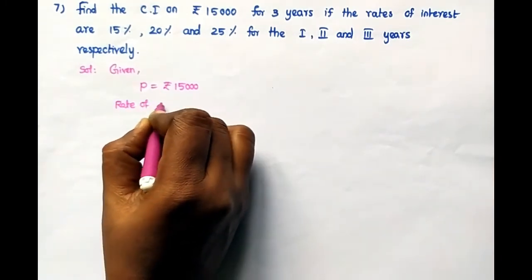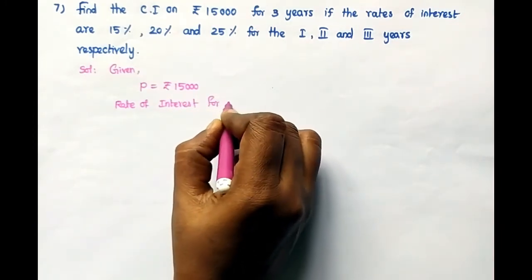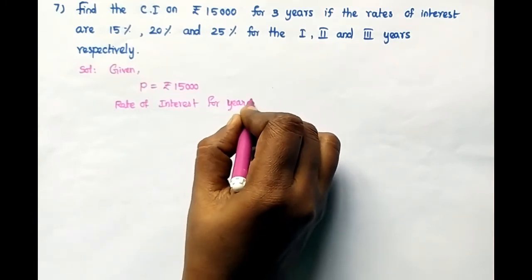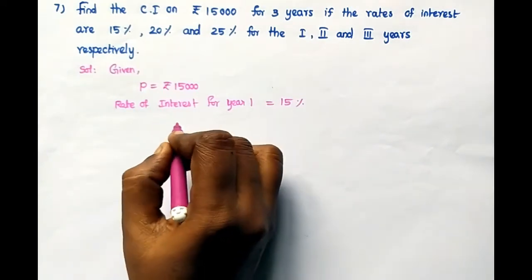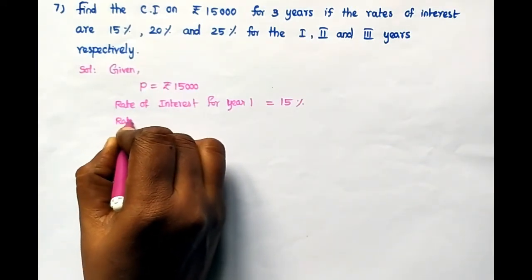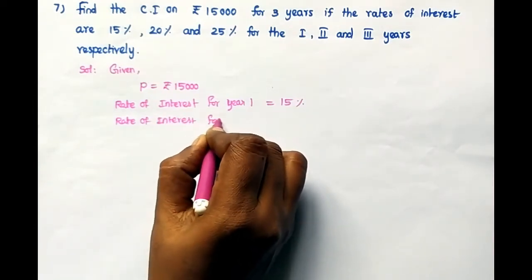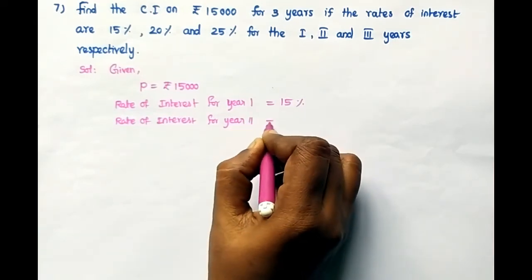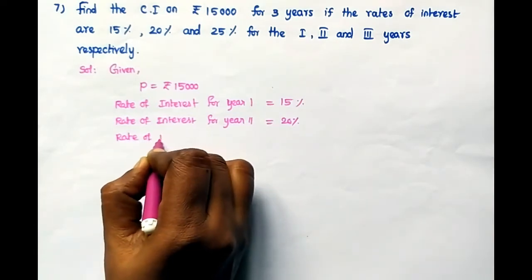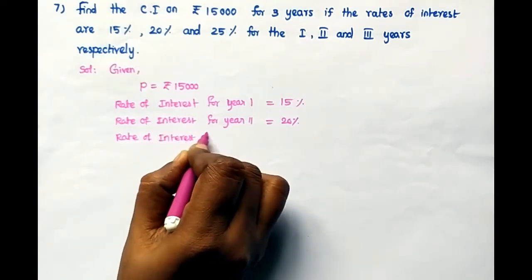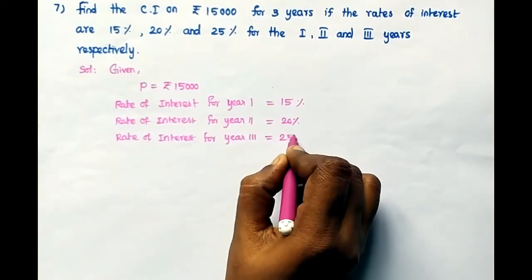Rate of interest for year 1, that is equal to 15%, and rate of interest for year 2, that is 20%, and rate of interest for year 3, that is 25%.